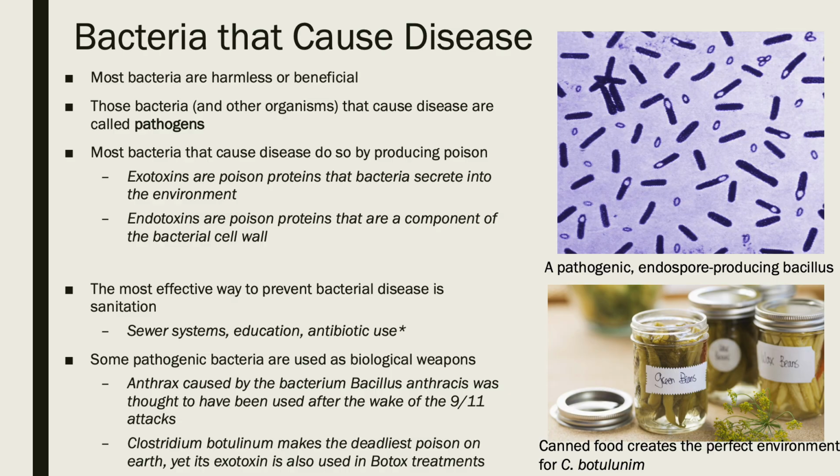But interestingly enough, scientists have been able to extract that toxin from Clostridium botulinum and use it to make wrinkles go away. So if you ever hear of Botox or choose to get it in the future, you are literally injecting that Clostridium botulinum toxin into the muscles of your face because it's a neurotoxin.